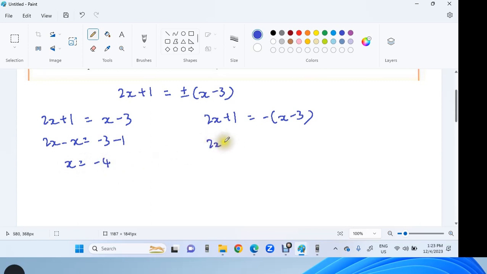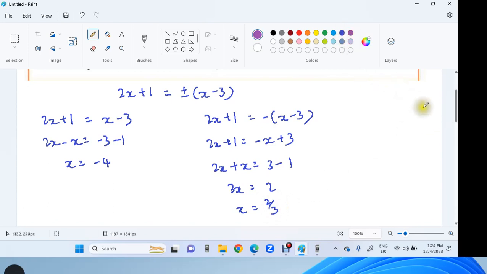And from the second, 2x plus 1 equal to negative x plus 3, so 2x plus x equal to 3 minus 1, 3x equal to 2, x equal to 2 over 3.